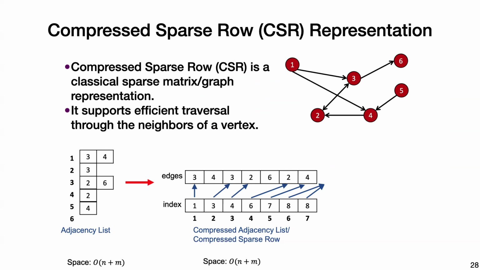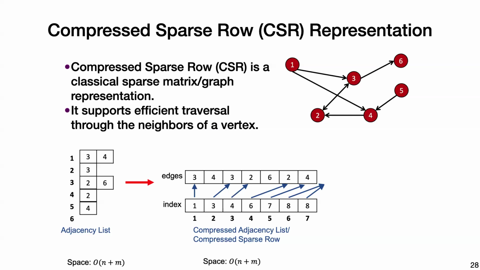And it takes space n plus m as well, because the length of the index array is n, you need 1 entry in index for each vertex. And m comes from edges. Each edge is represented once in the edges array, but you just store the destinations. You don't need to store the sources because the source is implicit in index.